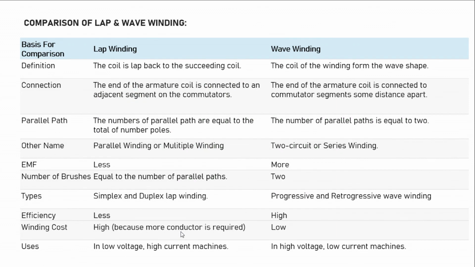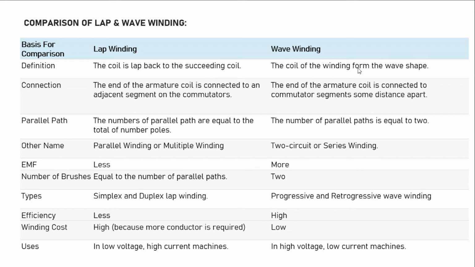This is a comparison, or the difference, of lap and wave winding. If you compare the definition, in lap winding the coil is lapped back to the succeeding coil, while in wave winding the coils form a wave shape, as you can observe in the diagram.